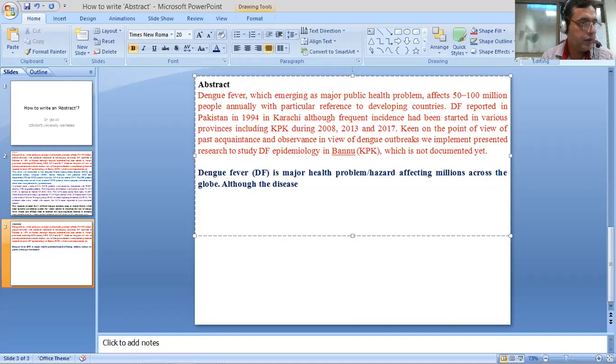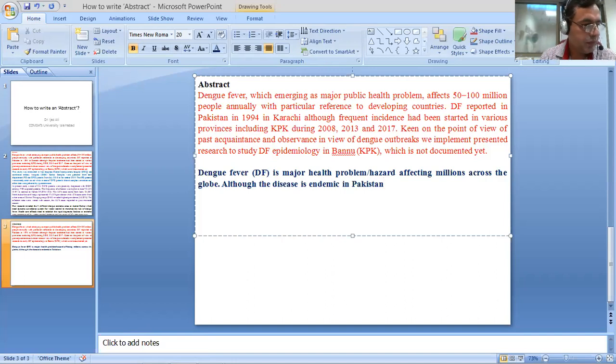So although the disease has been reported to be endemic in Pakistan, or you can just state right away that although the disease is endemic in Pakistan, it means that sporadic incidents of dengue fever are taking place in different parts of Pakistan.